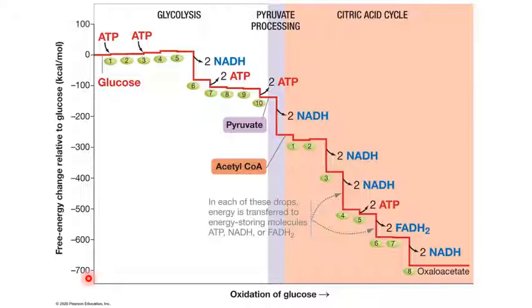All of that energy has been put into electron carriers and into ATP. Most of it has gone into the electron carriers. Only a little bit of energy went into ATP. And those electron carriers are what is moving on to oxidative phosphorylation. In oxidative phosphorylation, you're going to be taking the energy that you added into those electron carriers and using it to make ATP.